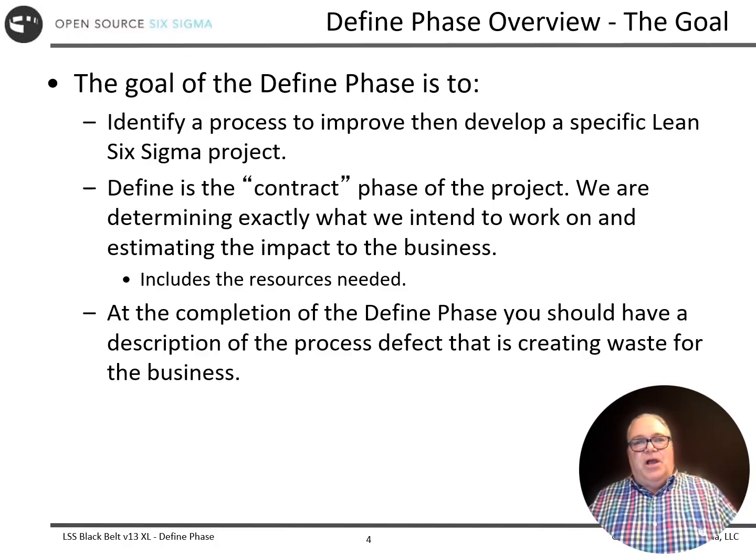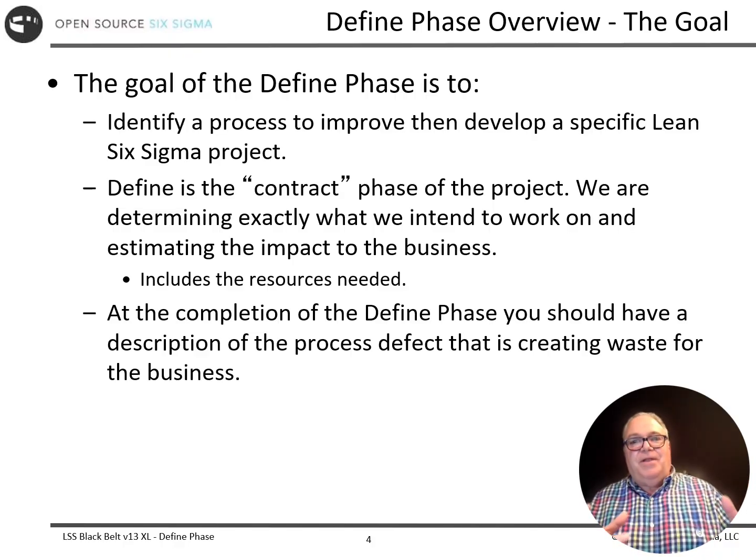We put a contract together through the use of the charter that says exactly who's going to lead the effort, who's going to sponsor the effort, and what we think the original timeline and cost benefit are, as defined in that charter.